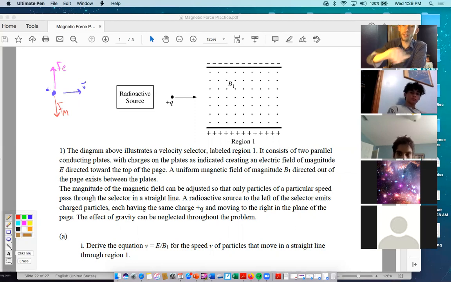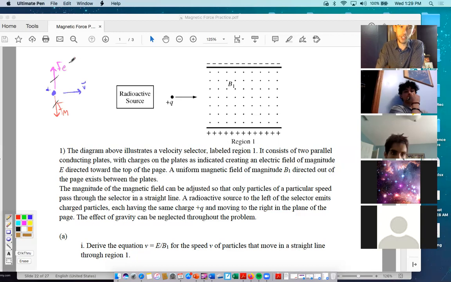If the velocity is this way, and the magnetic field is coming out of the page, and I curl my fingers towards me out of the page, my thumb is pointing down. So according to the right-hand rule, the magnetic force has got to be pointing down. I know that these two forces then have got to be equal to each other for this particle to move in a straight line. So all I have to do is write expressions that set them equal to each other.